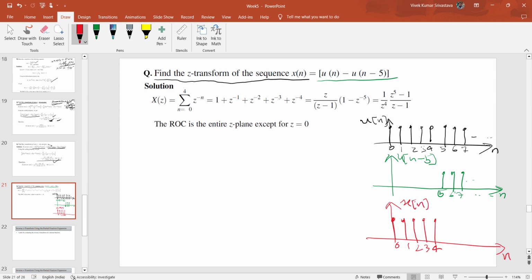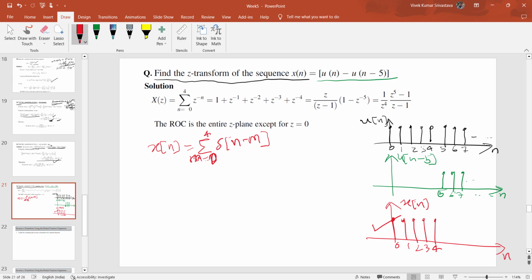For this sequence we have to evaluate the z transform. Once you represent this signal x of n as the summation over m from 0 to 4 of delta of n minus m, that's how we can represent the x of n signal.